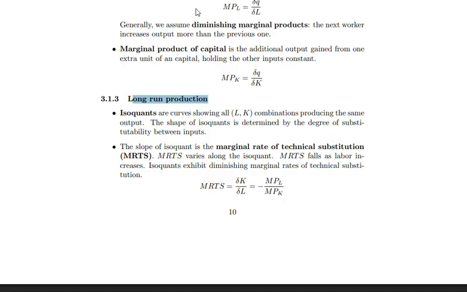We also have the isoquant curve. It's given a specific bundle of labor and capital. In the isoquant curve, you get the same output, just like in an indifference curve, where you gain the same utility.